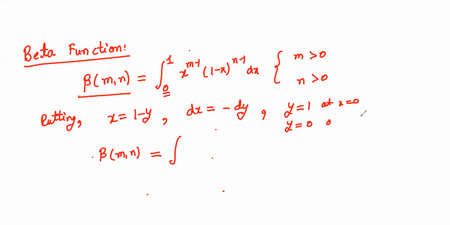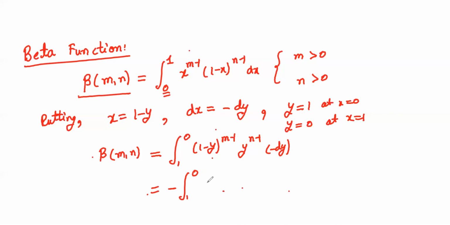So limit will be 1 to 0, x will be 1 minus y, to the power m minus 1, and 1 minus x will be y, so it will be n minus 1, and dx will be minus dy. Okay, so this I can write minus integral 1 to 0 of y to the power n minus 1, 1 minus y to the power m minus 1, dy.